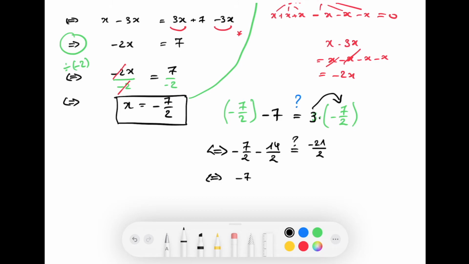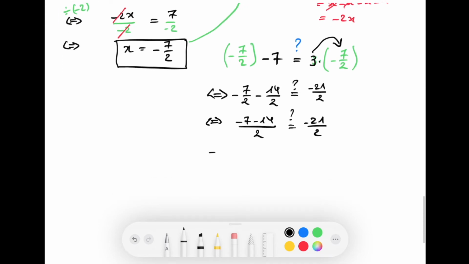Well, let me just write it out fully so we don't get any confusion. Is this indeed the case? Well, yes, because minus 7 minus 14 is minus 21 divided by 2, and this is indeed minus 21 divided by 2. So we didn't make any mistakes, and our answer is x is minus 7 over 2.